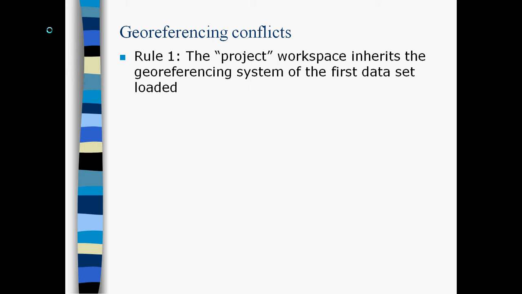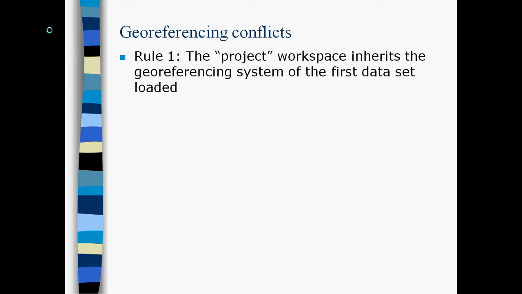First rule is that the very first data set that gets loaded will define what the working space, the data space, or the map document is using for a georeferencing system. So this is actually a case in which the order in which files are loaded can make a difference, which is very rare.